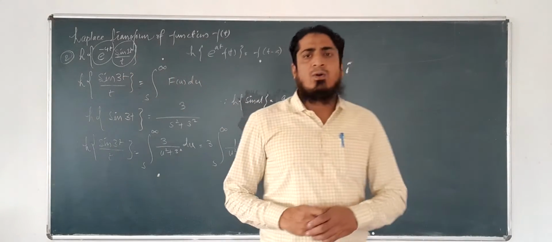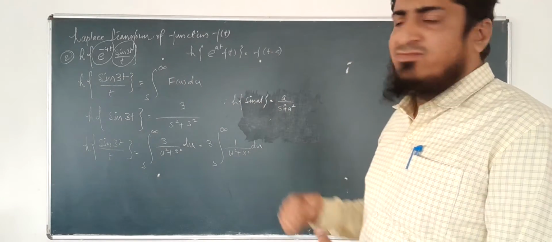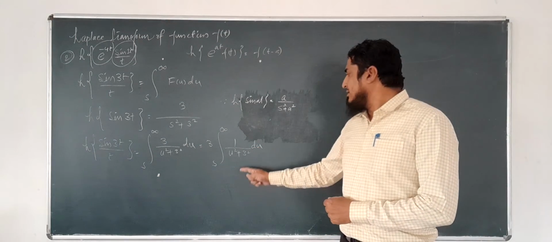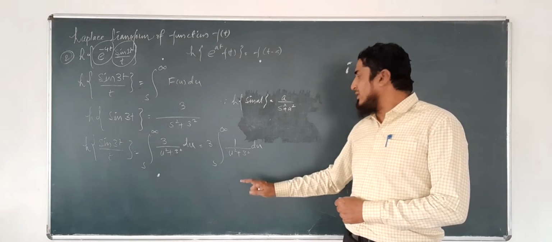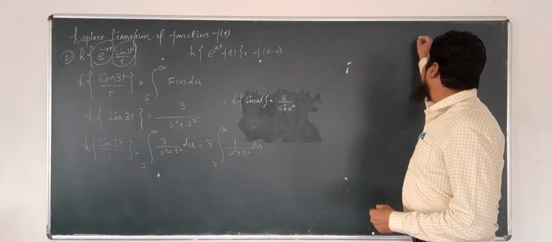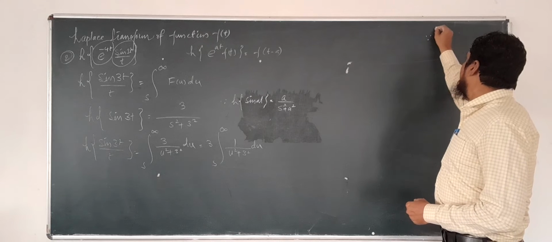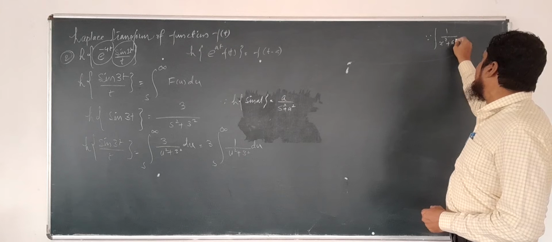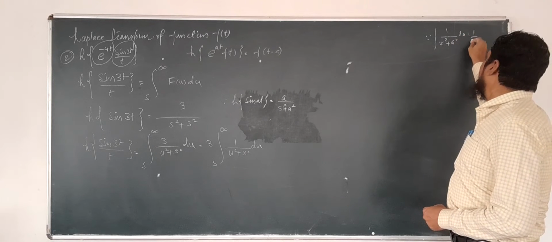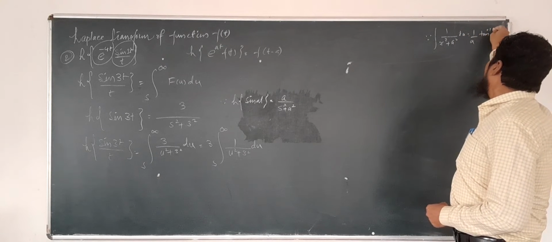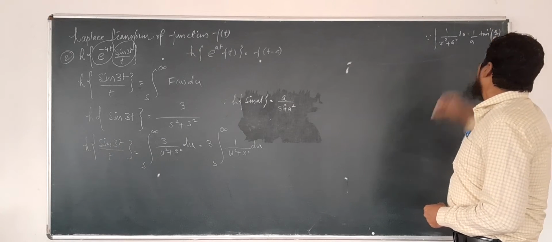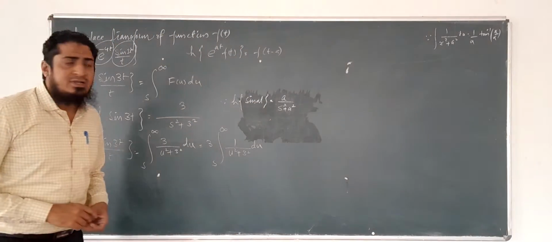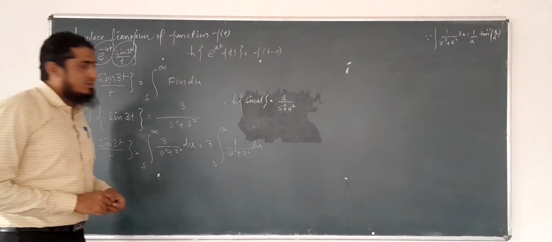Correct? We have 3 into integration from s to infinity of 1 upon u square plus 3 square du, and we know the tan inverse form: integration of 1 upon x square plus a square dx is equal to 1 upon a tan inverse of x upon a. It is the integration of 1 upon x square plus a square.